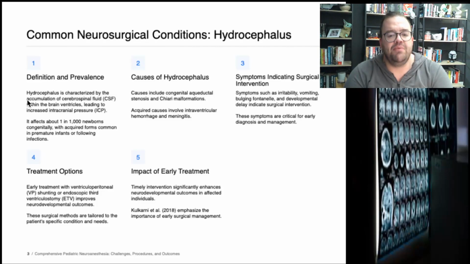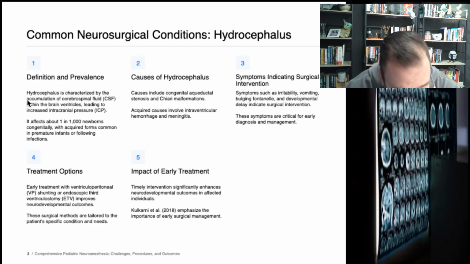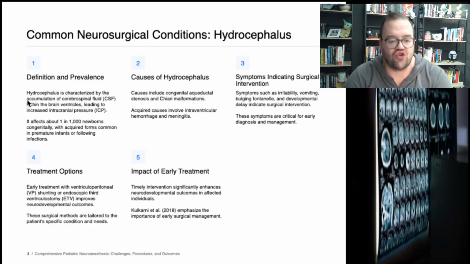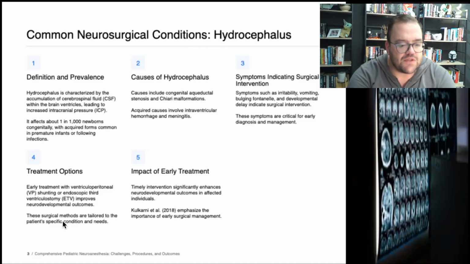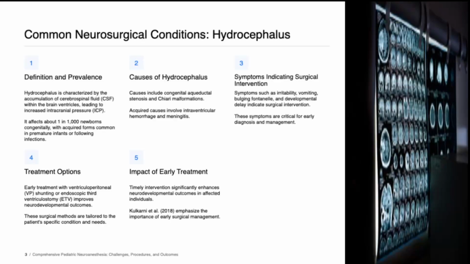But now what can be done as a curative procedure is a third ventriculostomy, or an endoscopic third ventriculostomy. This is a procedure whereby if they have a congenital narrowing of the aqueduct or Chiari malformation, they can go in and open up the third ventricle, and open up that aqueduct and allow for CSF drainage.